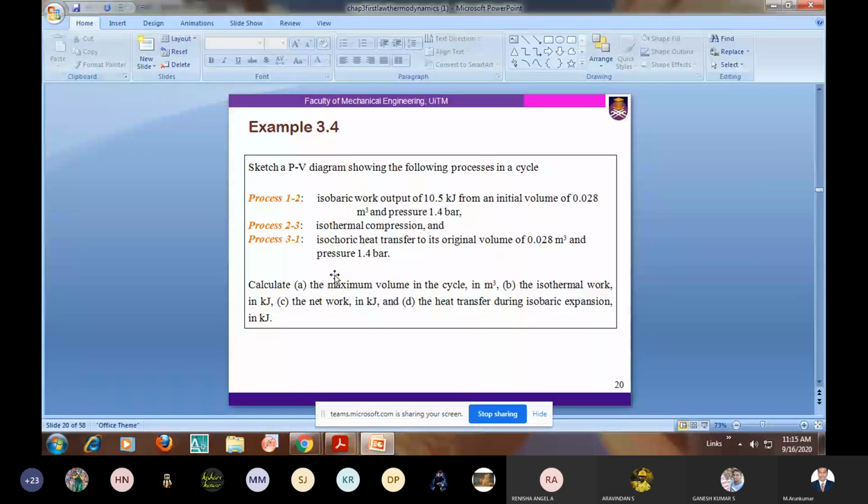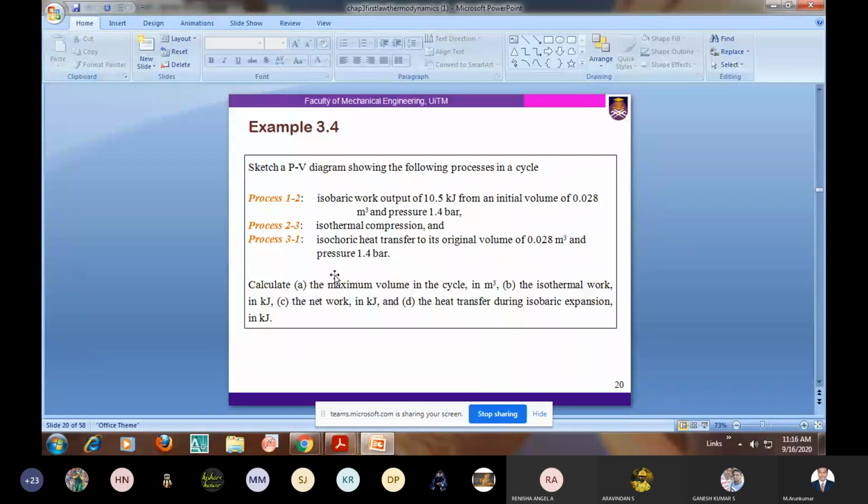Then the third process is isochoric heat transfer to its original state. Yes, we can tell this process is a cyclic process because the initial state and final state are equal, that is V1 and V1 values are equal.